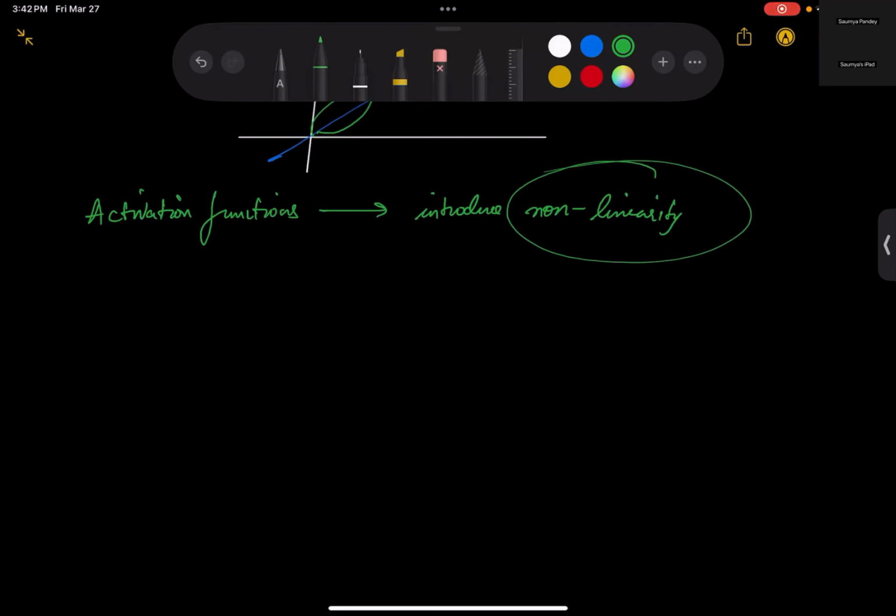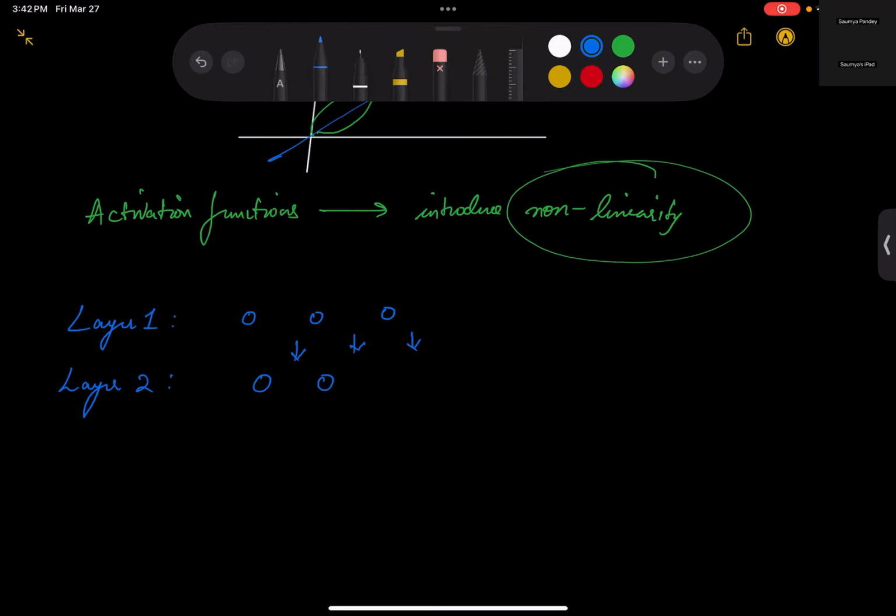So far, we have looked at one neuron, but in reality, we have many neurons in a layer, right? So let's suppose we have here layer 1, and we have neurons. And then we have layer 2, with more neurons. Then this goes like this.